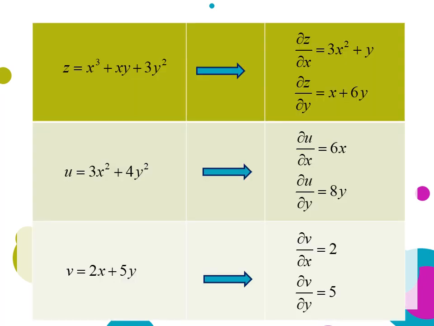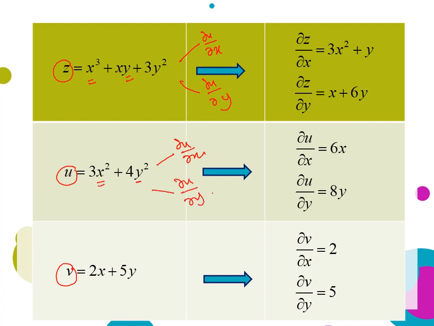Okay, for each of the functions z, u, and v, you should find their respective partial derivatives with respect to x and with respect to y. So you have x and y. So partially differentiate each of them with respect to x and del u del y, because in u as well you have x and y.